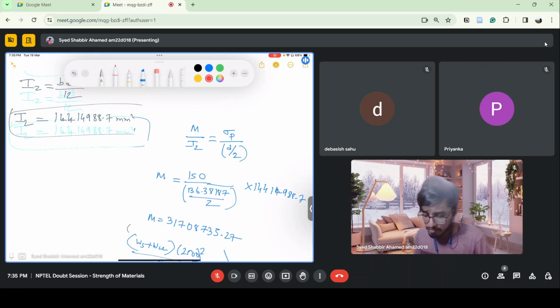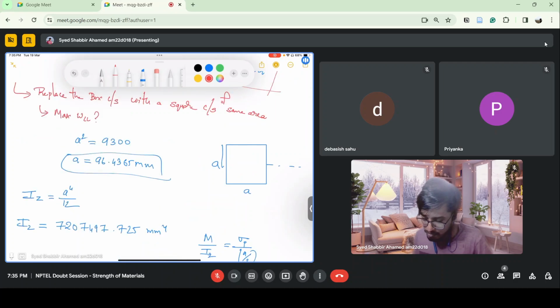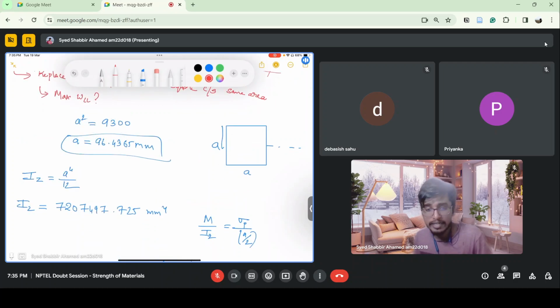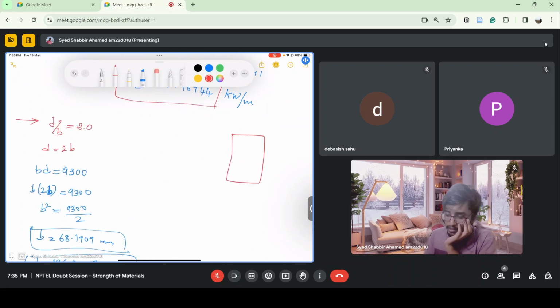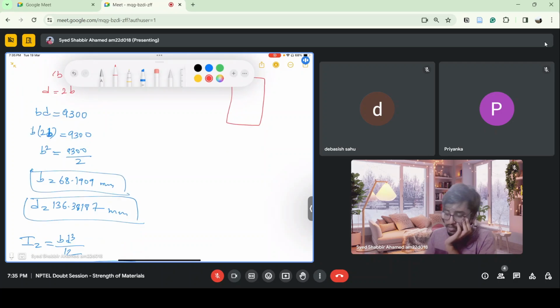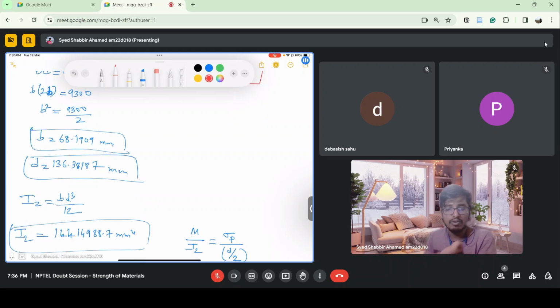You can see that for the earlier square cross section, the depth was 96, but for this rectangular cross section the depth is 136.387. The depth increases, which obviously gives more moment of inertia, and more moment of inertia means more load it can take.